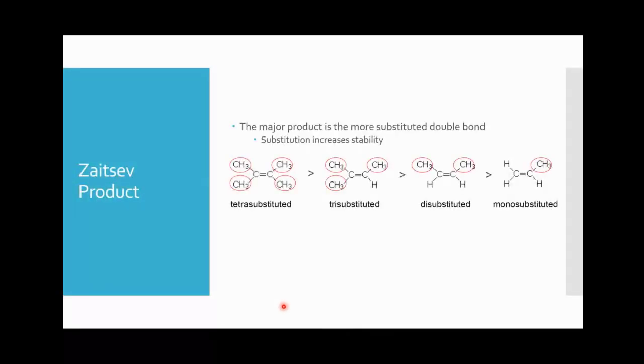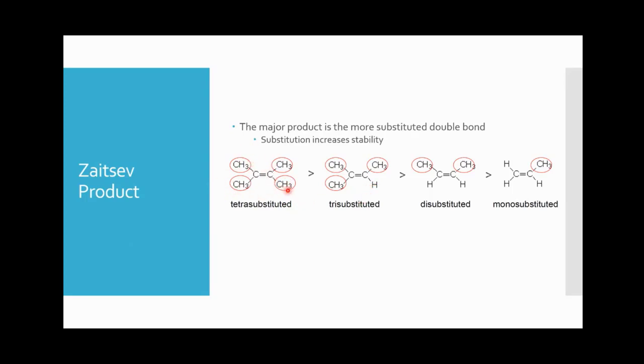Right, and then the Zaitsev product. Whenever you do an elimination reaction, usually the Zaitsev product will be favored. What that means is the double bond with more substituents will be more stable.